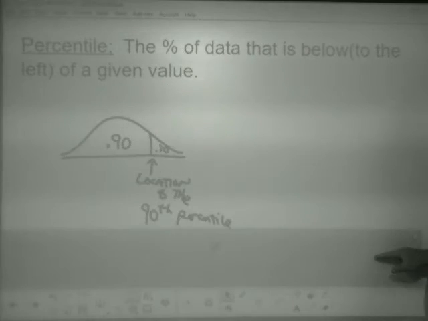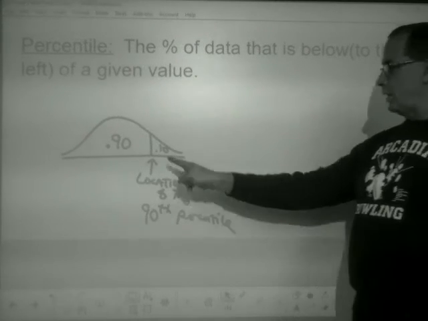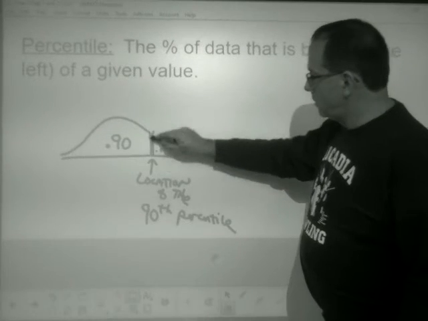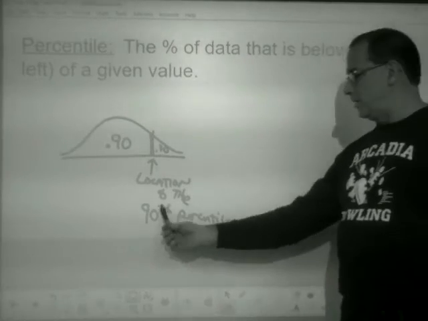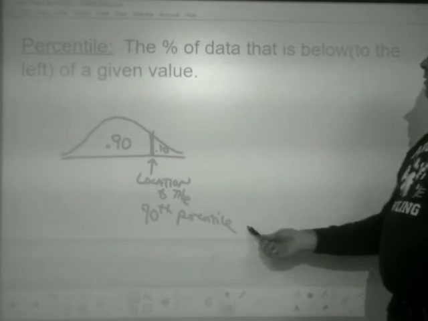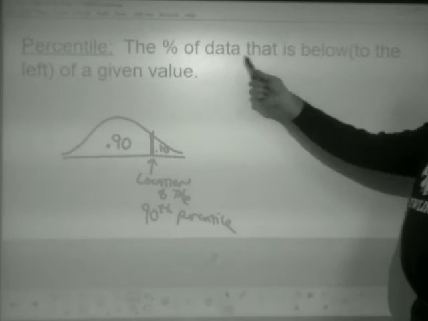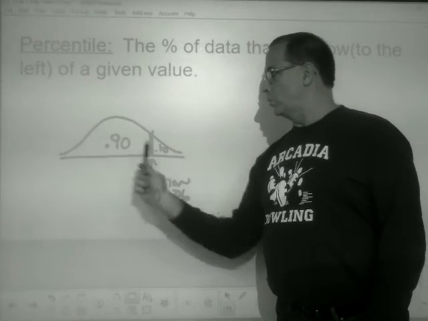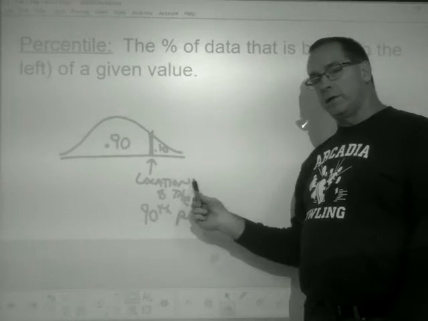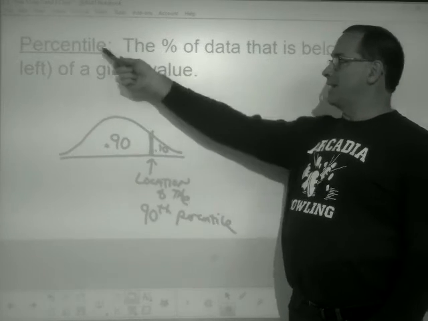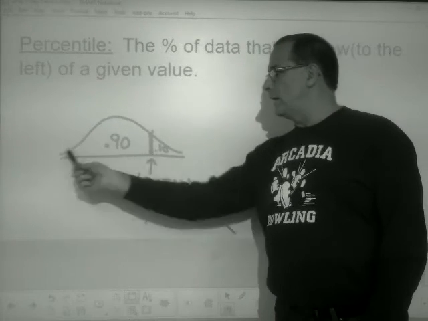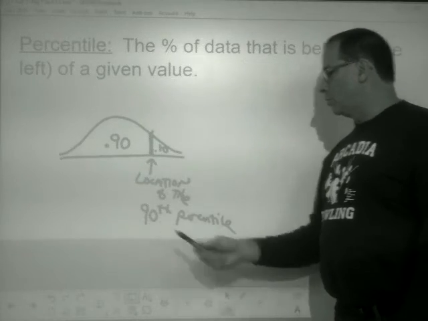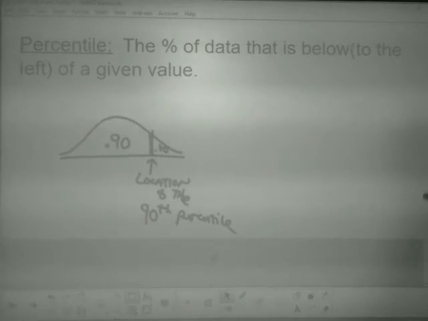So, for example, this line right here is the location of the 90th percentile, because 90% of the data is to the left of this, or below if this was a number line right here. So percentile by definition is the amount of data to the left of any given value.